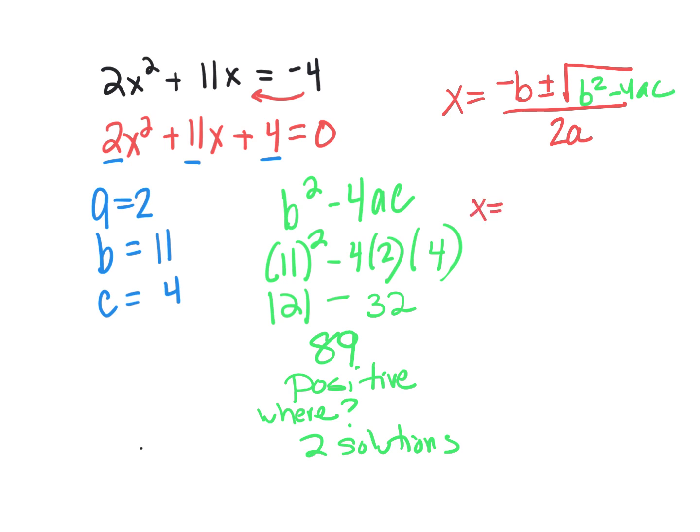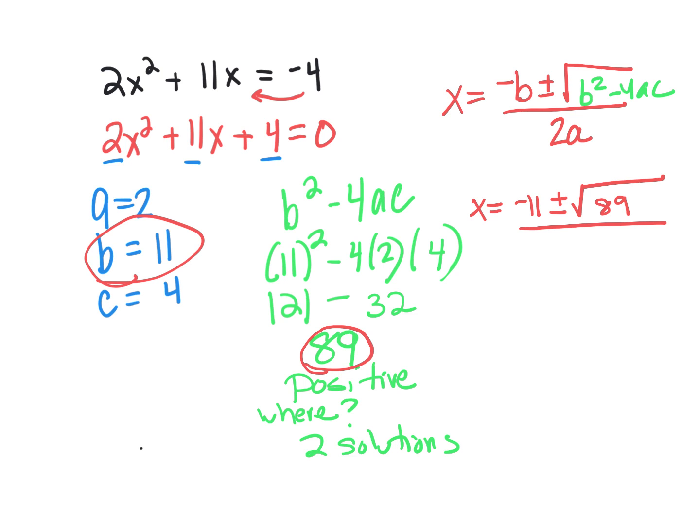My x values are equal to the opposite of b. And if b is 11, that's a negative 11, plus or minus the square root of, I don't need to recalculate this. I know what this is. It's 89. Divided by 2 times a. Our a value is 2. 2 times 2 is 4.